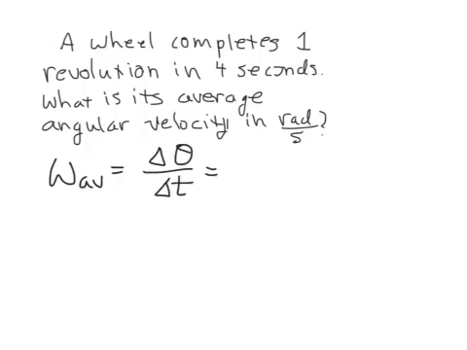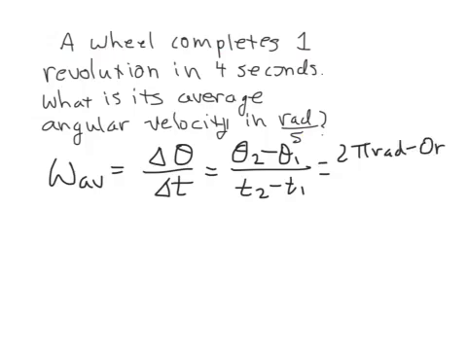And since they want it in radians, 1 revolution in radians is 2 pi radians. So if we write this as theta 2 minus theta 1 over t2 minus t1, this becomes 2 pi radians minus 0 radians over 4 seconds minus 0 seconds.